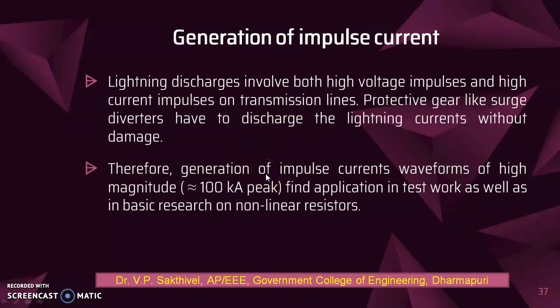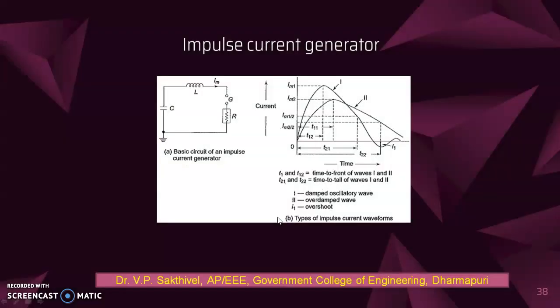Therefore, the generation of impulse current waveforms of high magnitude, approximately 100 kA peak, finds application in test work as well as basic research on nonlinear resistors. Here the figure shows the impulse current generator and the current waveform.